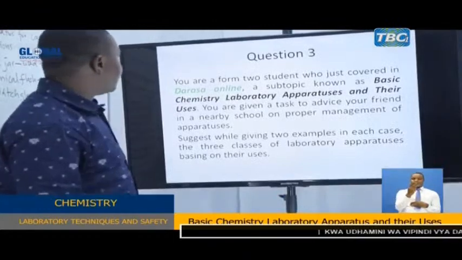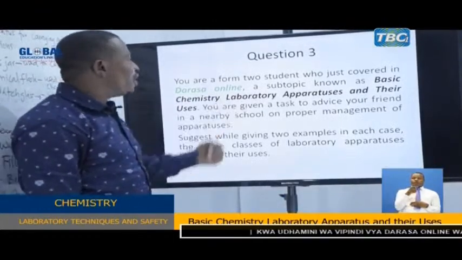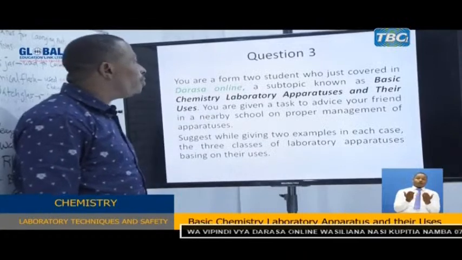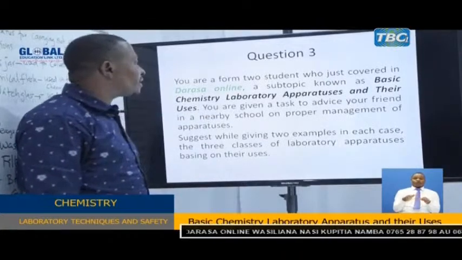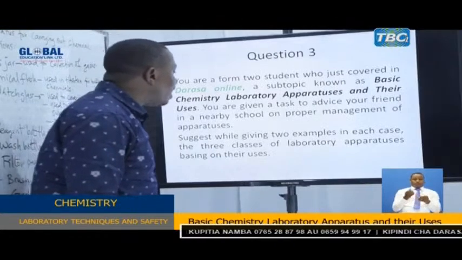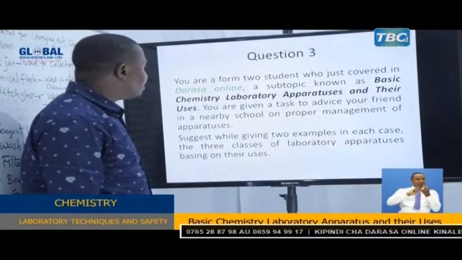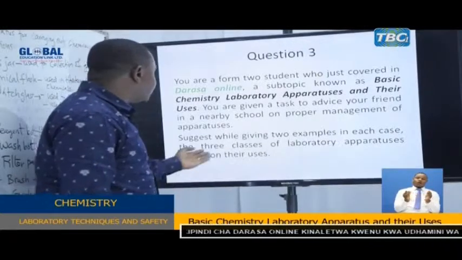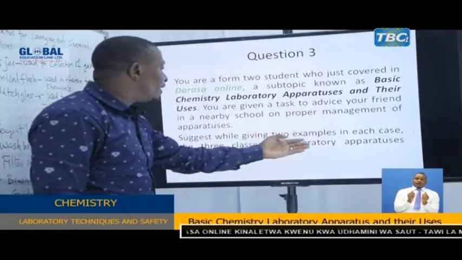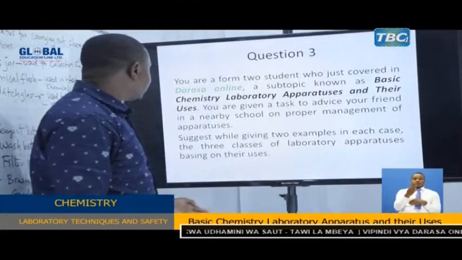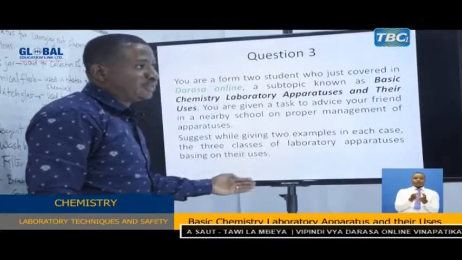Question number 3 says, you are a Form 2 student who just covered, on Darasa Online, a subtopic known as Basic Chemistry Laboratory Apparatuses and their uses. You are given a task to advise your friend in a nearby school on the proper management of apparatuses. Suggest, while giving 2 examples in each case, the 3 classes of laboratory apparatuses based on their uses.